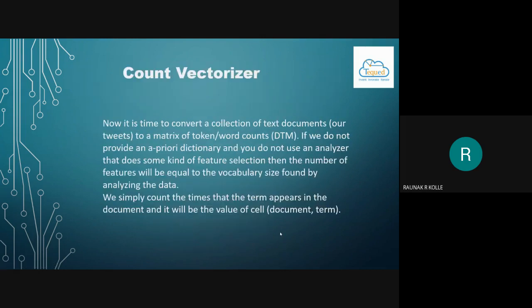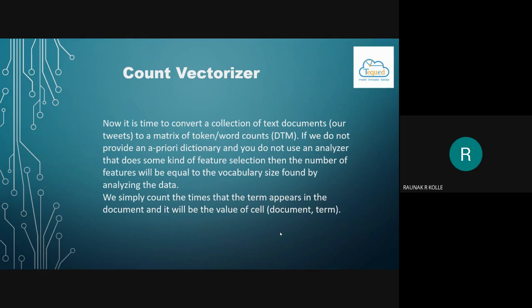Count vectorizer. Now it is time to convert a collection of text documents, which was our tweets as discussed in the previous slide, to a matrix of tokens or word counts. If we do not provide a priori dictionary, which is basically a predefined dictionary, and we do not use an analyzer that does some kind of feature selection, then the number of features will be equal to the vocabulary size found by analyzing the data.